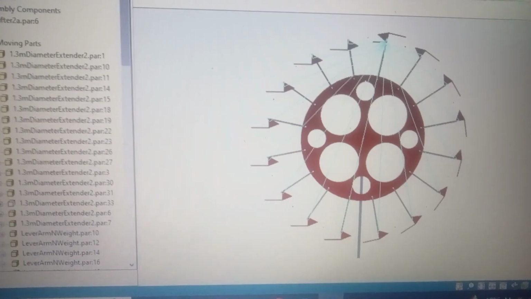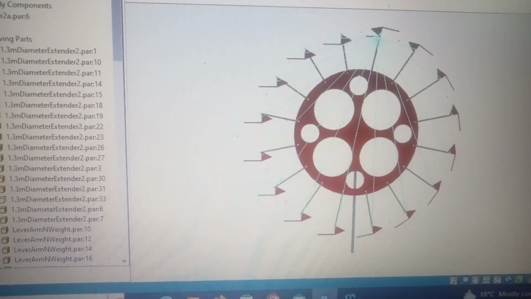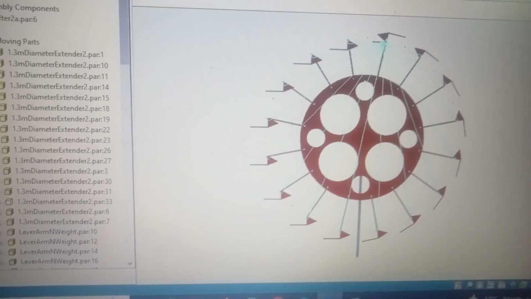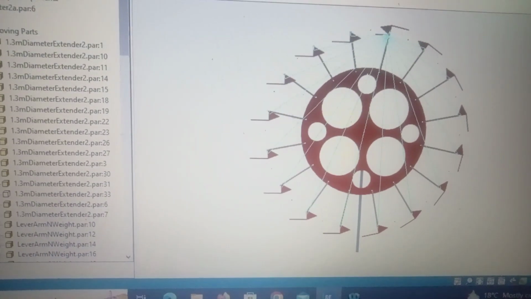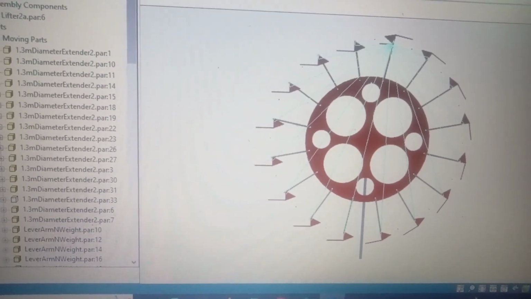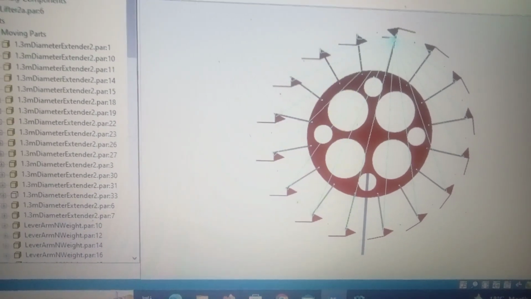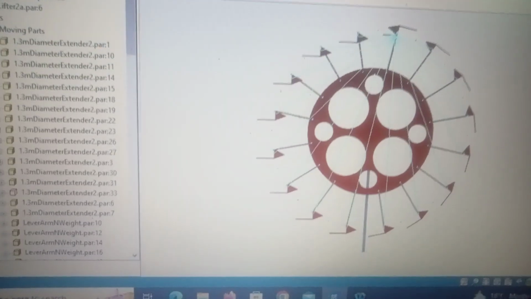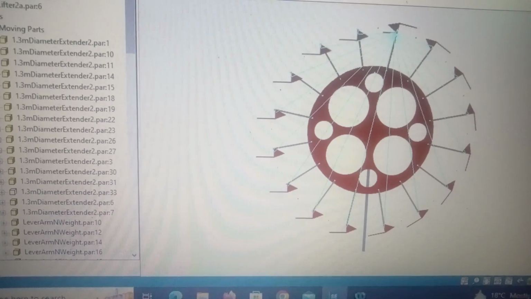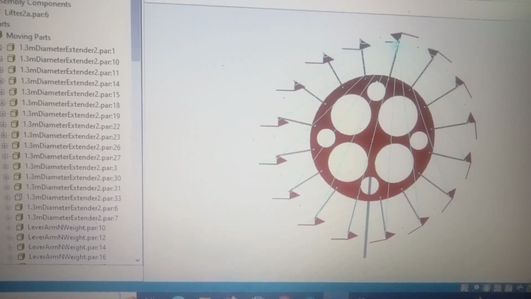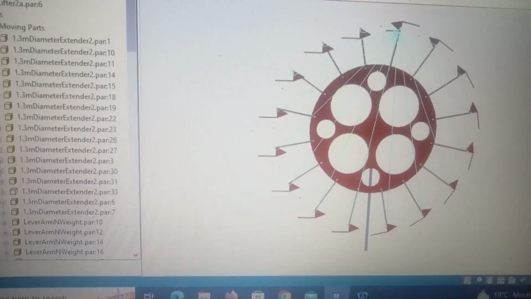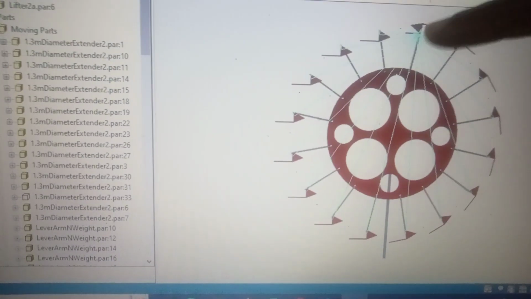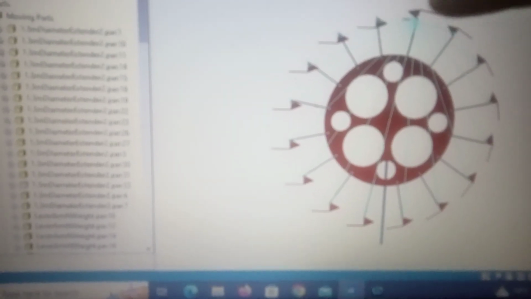Actually, when I think physically of a big diameter wheel, which is very light and being driven by many lever arms with weights, I never see how such a wheel can ever work, because you will always have a very small weight being lifted by a very heavy wheel, which is driven by the lever arms.